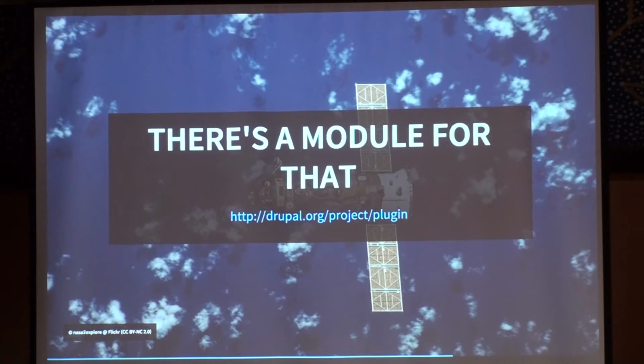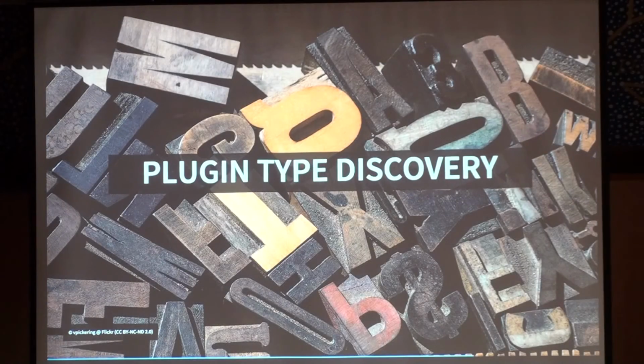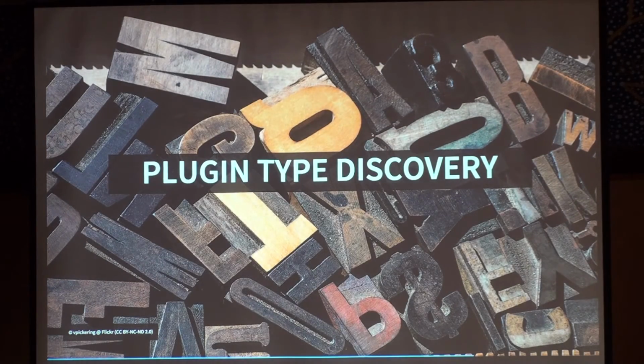As usual, Core does a lot of cool things, but it's not cool enough. In Drupal 7, we had the entity API, which was really, really awesome. And then Fago was like, I can do better. There's a lot of stuff missing here. Same thing with the plugin system. There's a bunch of stuff that we thought was missing. So there's a plugin module that extends Core's plugin system. A couple of things that it does that Core doesn't do is discovering the types of plugins.